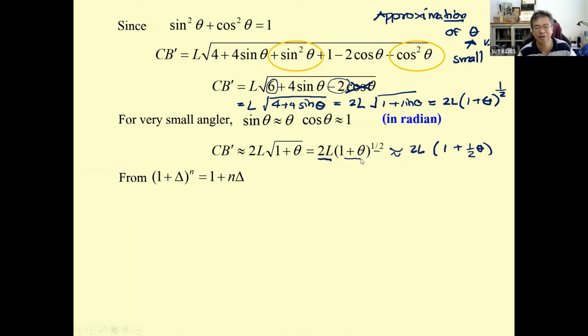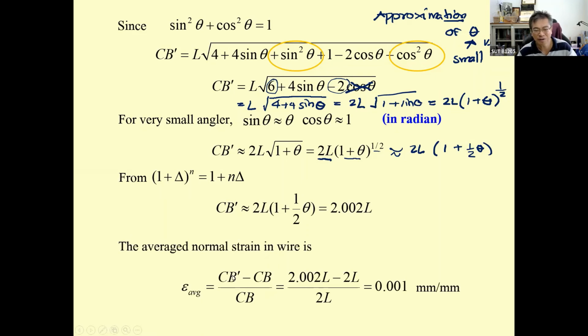And then this is going to be a little bit simpler. You got CB prime. So put CB prime into this equation, minus 2L, divided by 2L. So approximately the average strain on the wire BC is going to be 0.001. That is very small as we do the approximation.